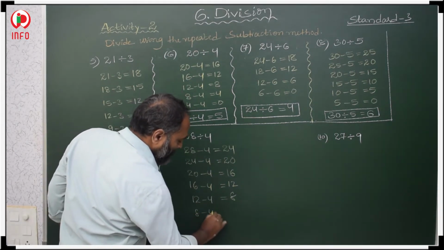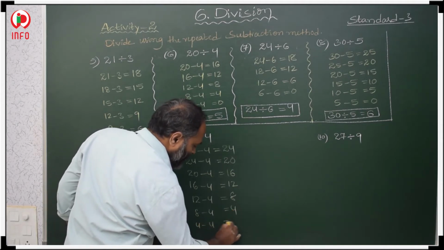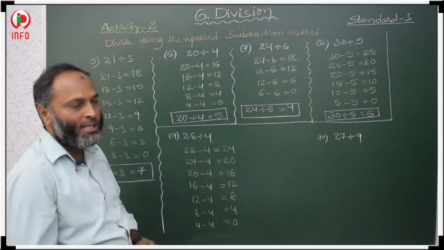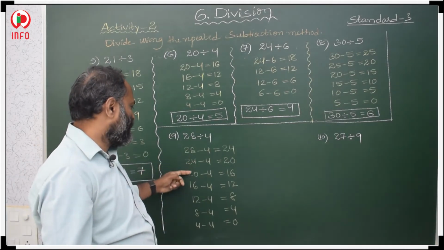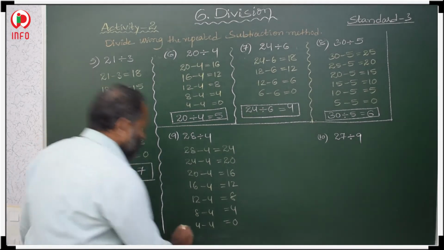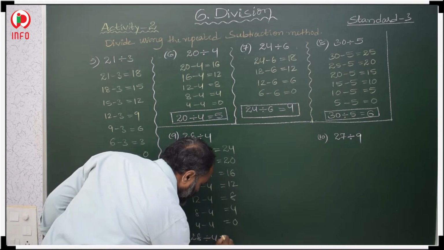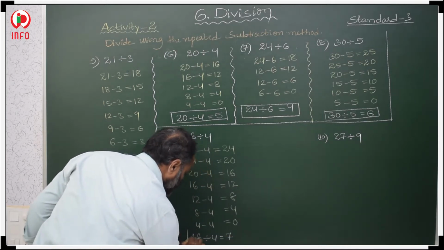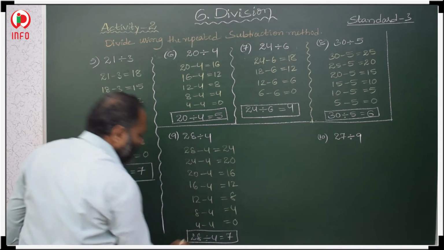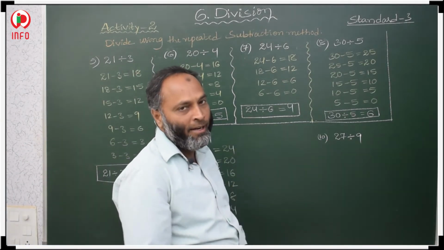Remainder minus divisor is 4. Remainder minus divisor is 0. At what step is it 0? 1, 2, 3, 4, 5, 6, 7. It means 28 divided by 4 is equal to 7. This is your answer.